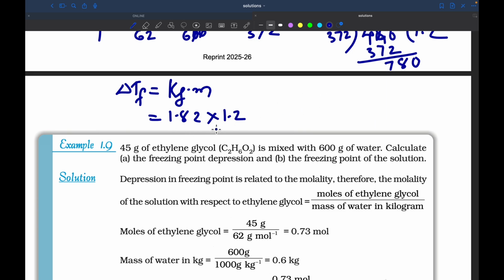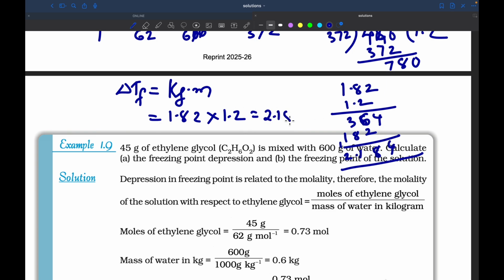Just multiply this. So 1.82 times 1.2 must be multiplied. So 4, 8, 16, 3, 2, 8, 1. So this is 2184 with 3 decimals, which equals 2.18.